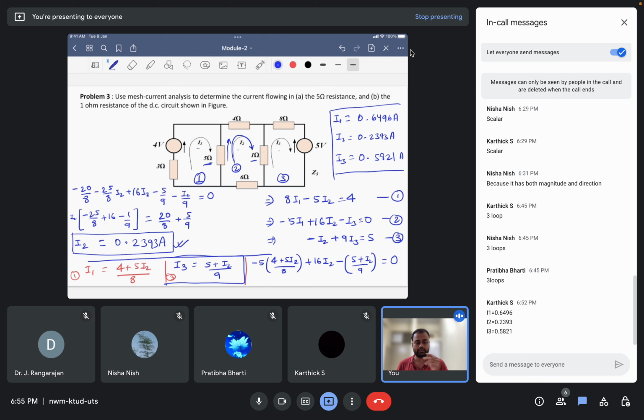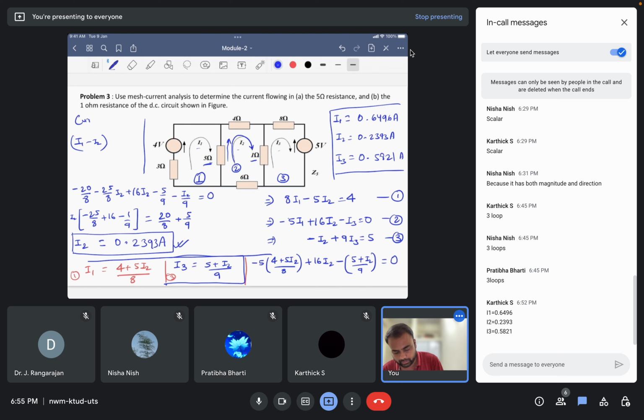So we have the set here. Now all the currents I1, I2 and I3 are known. So the current here through the 5 ohm resistance will be I1 minus the current I2, which is here also. So I1 minus I2 is the current flowing through the 5 ohm resistor.